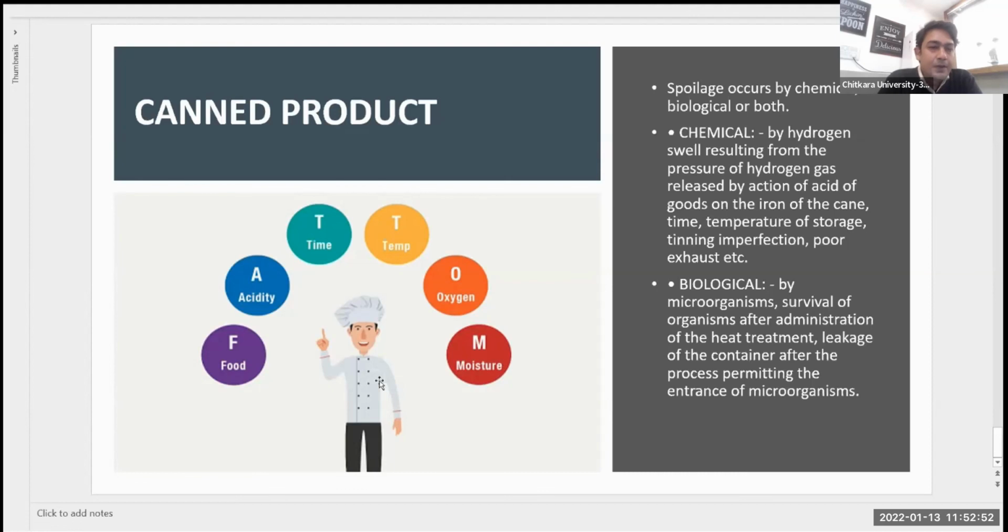That means overall, if we are not storing or packaging the food product in the right manner, and we allow microorganisms to enter the canned product, that will affect the quality of the product in the can.